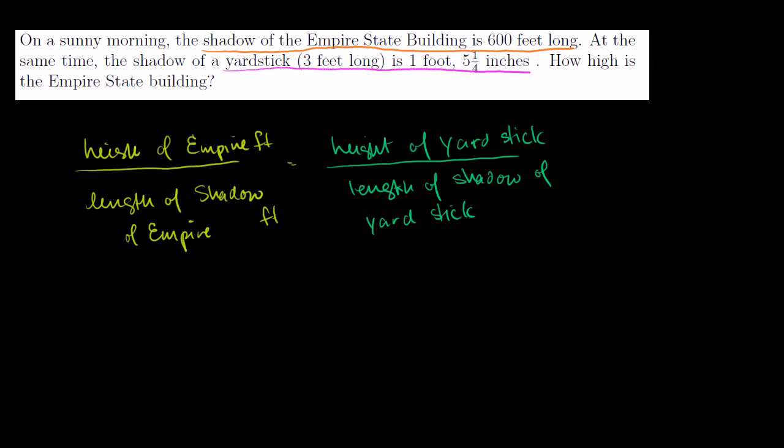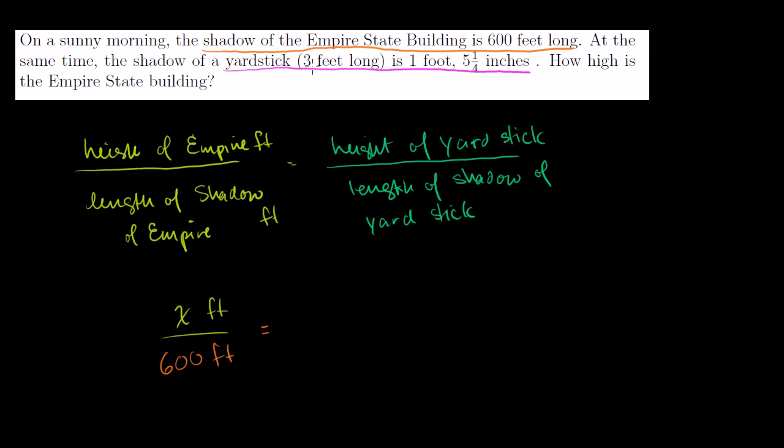So let's say the height of the Empire State Building is x. So x feet over the length of the shadow, 600 feet, is equal to the height of a yardstick standing up.